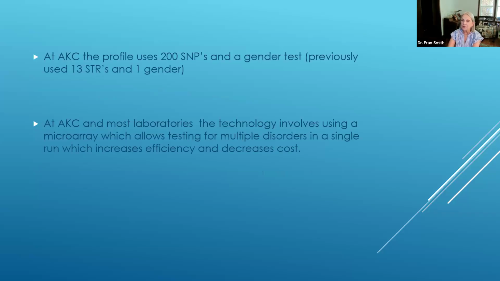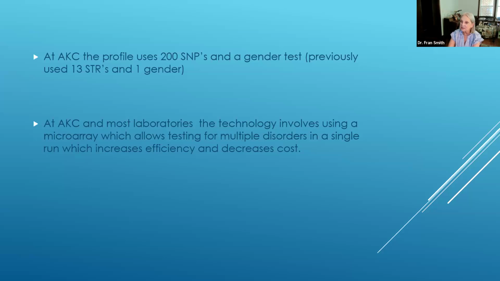At AKC, the profile uses 200 what are called SNPs, single nucleotide polymorphisms, and a gender test. Until AKC upped their ante, they were using 13 STRs and one gender.